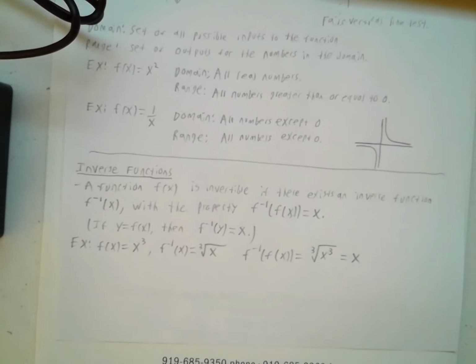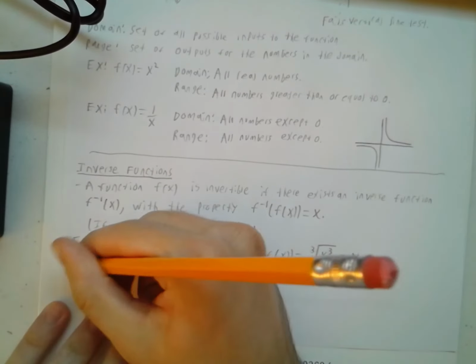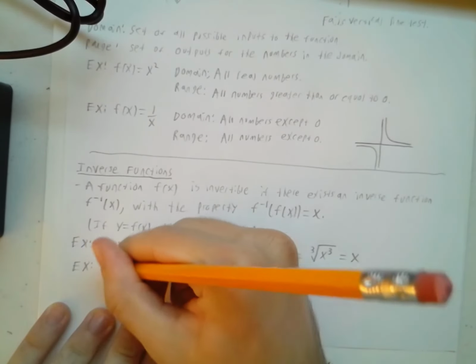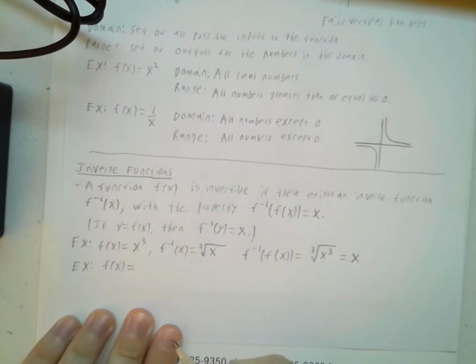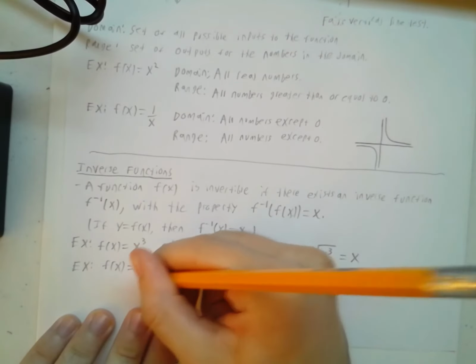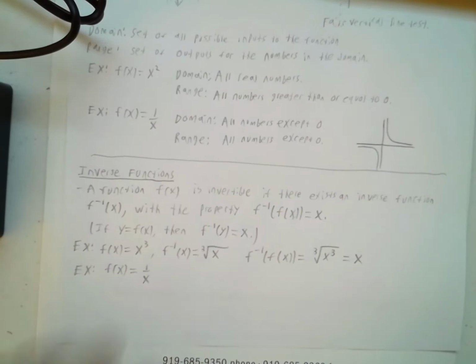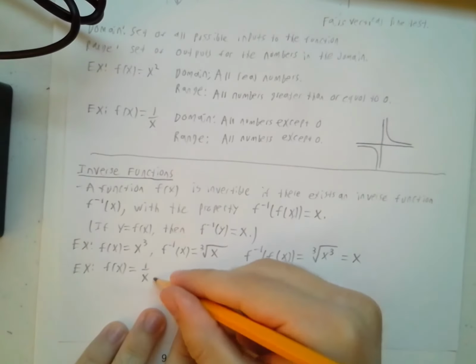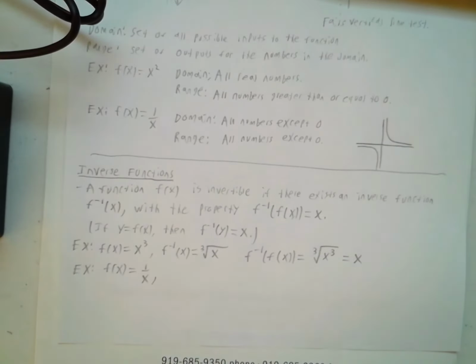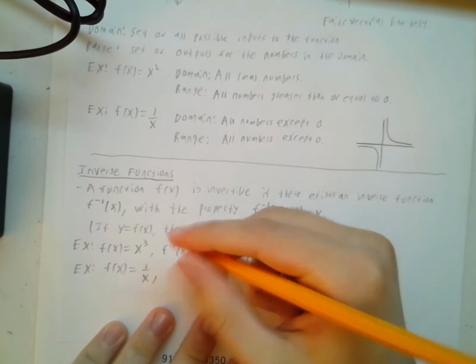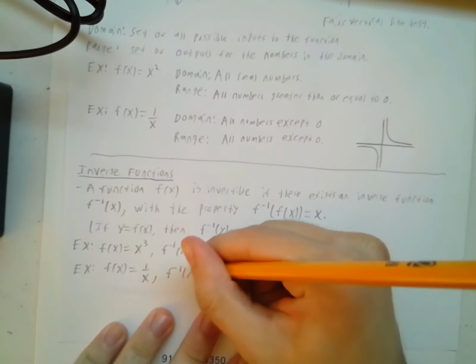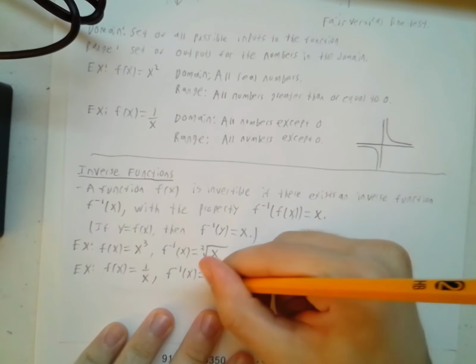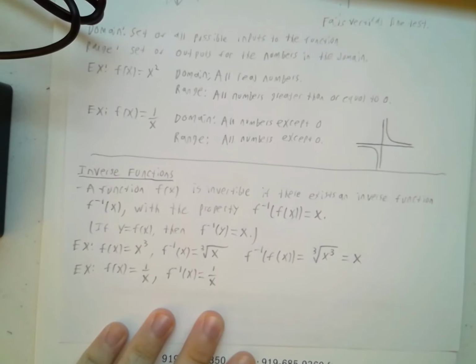Okay, another example. f of x equals 1 divided by x. In this case, it turns out the inverse function is also 1 divided by x. How can we check this?